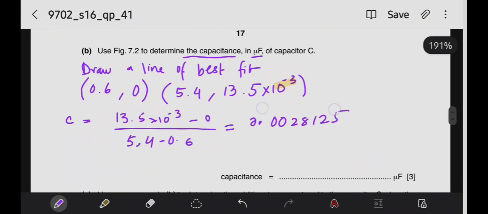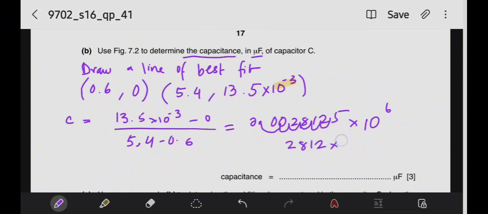Now remember that we have to give the answer in microfarads. So for that, you have to multiply by 10 to the power 6. So it would become 2812, and that would be about 2800.